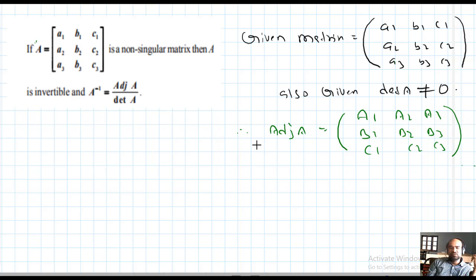Okay, do one thing. Consider multiplying A with the adjoint matrix. What happened? Observe.